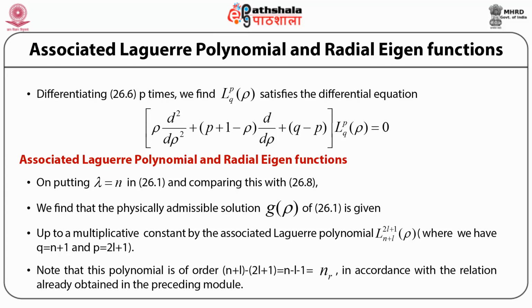Note that this polynomial is of the order n plus l minus (2l plus 1) equal to n minus l minus 1, in accordance with the relation already explained in the preceding module.